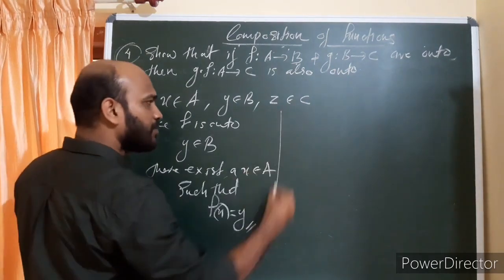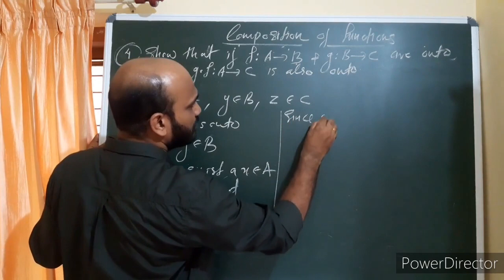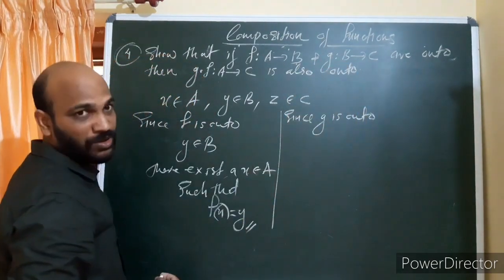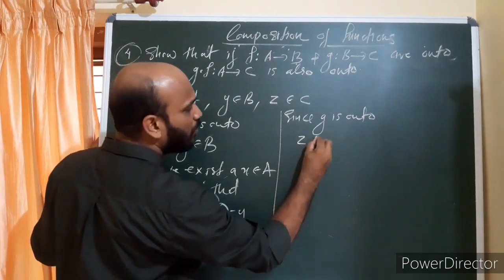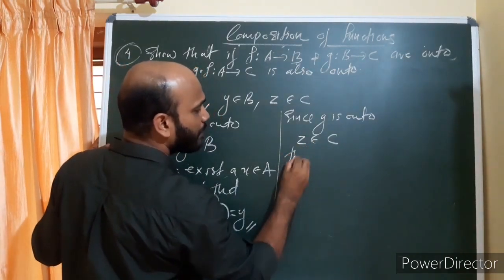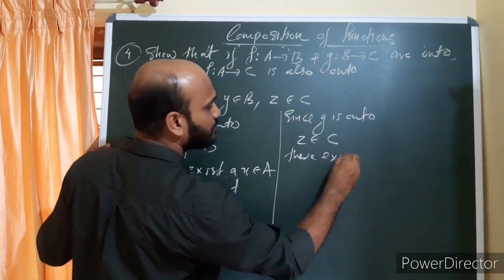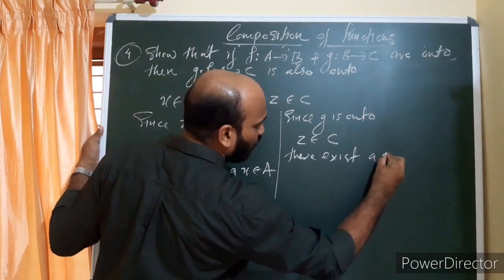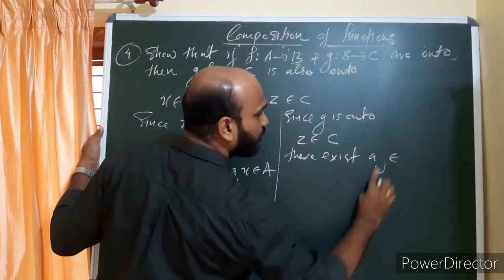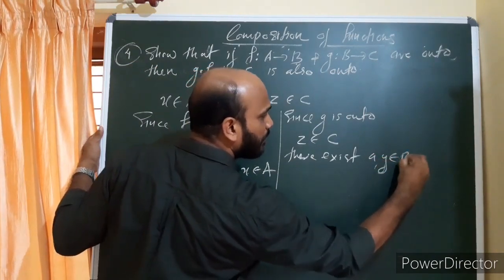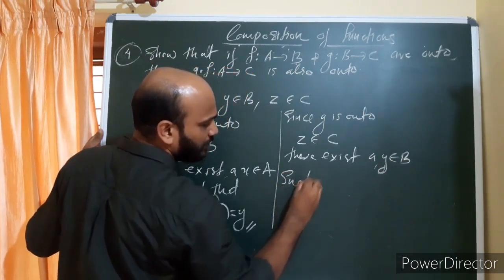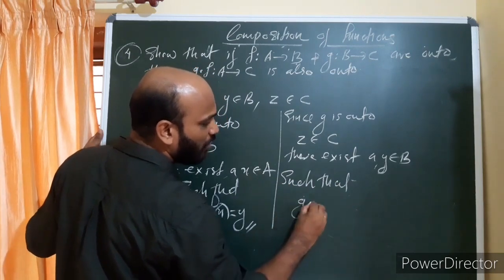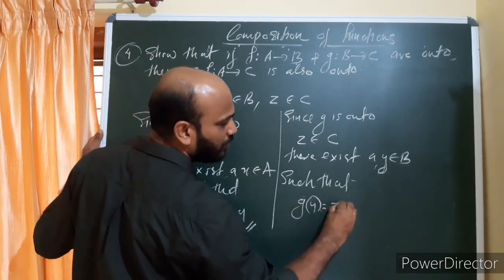In the same way, since g from B to C is onto, for any z belonging to C, there exists y belonging to B such that g of y equal to z.